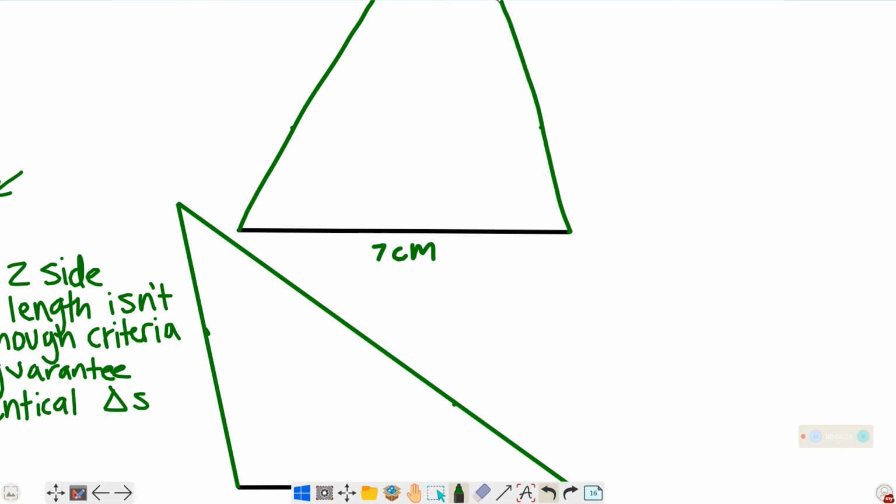But when those eventually cross, it will create a 45-degree angle at the top. So you'll need a ruler for the first part, and then you will need a protractor for the second part. Your reasoning for why this is not identical is because one side length and one angle is not enough criteria to form identical triangles.